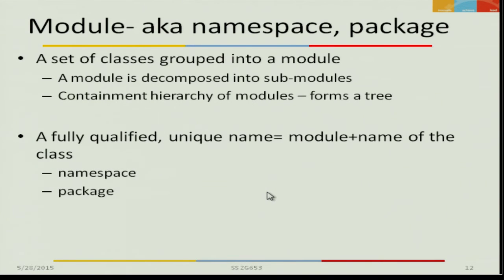A fully qualified unique name is basically the module name plus the name of the class. So a fully qualified unique name for a class is: you have to append the module name and submodule names and so on before the class name.